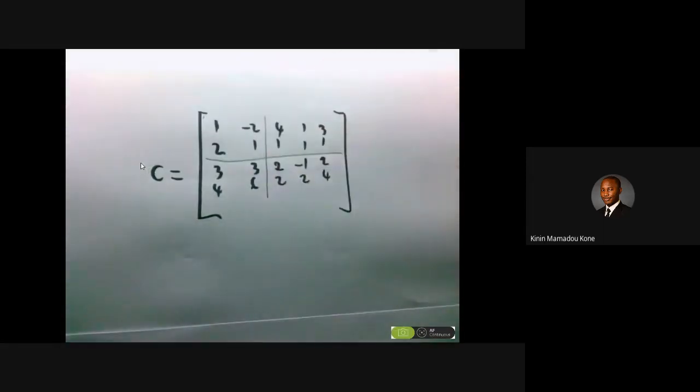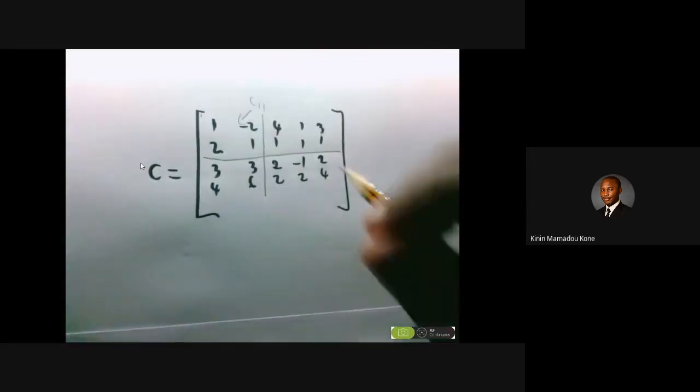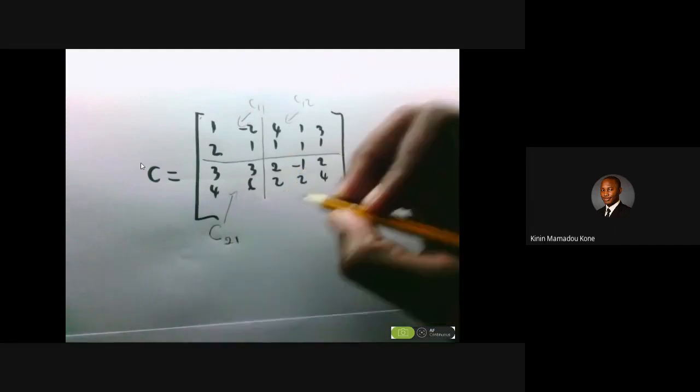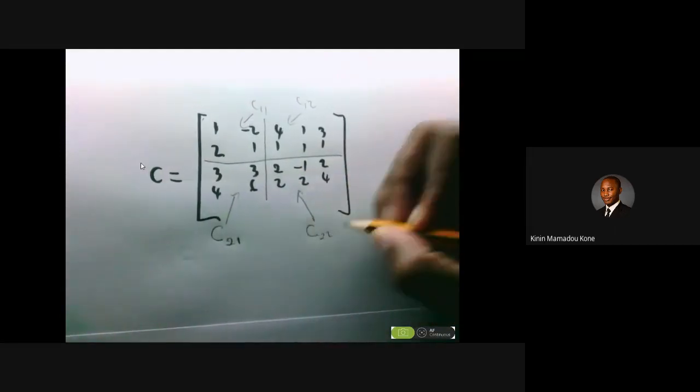I could have partitioned this way. This is my C11, C12, C21, and C22.